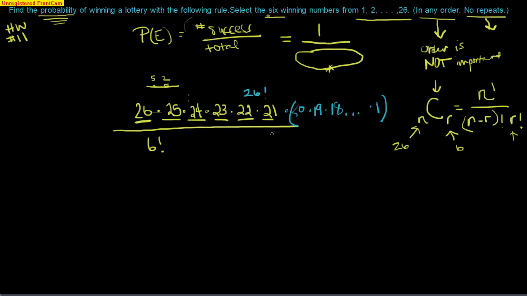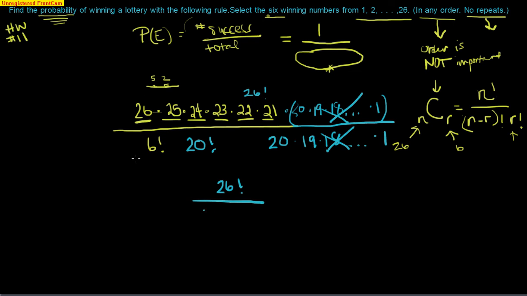So, but what if I divided through by 20 factorial? 20 times 19 times 18, all the way down to times 1. You can see that they would actually just cancel right out. So I'm going to put the 26 factorial in the numerator, and then in the denominator I'll just put that 20 factorial, and that allows for the canceling out. And then I have everything that I want. In the end, I have 26 factorial in the numerator divided by 20 factorial times 6 factorial in the denominator. And there you go. That's your 26 choose 6.